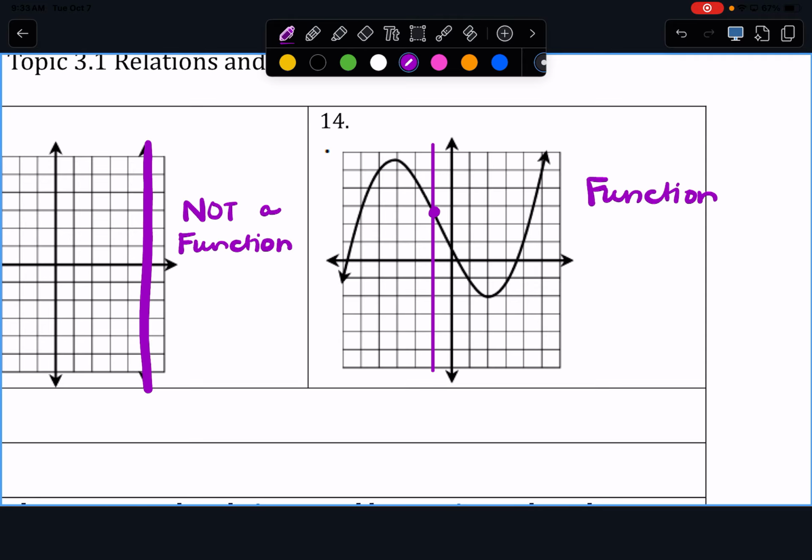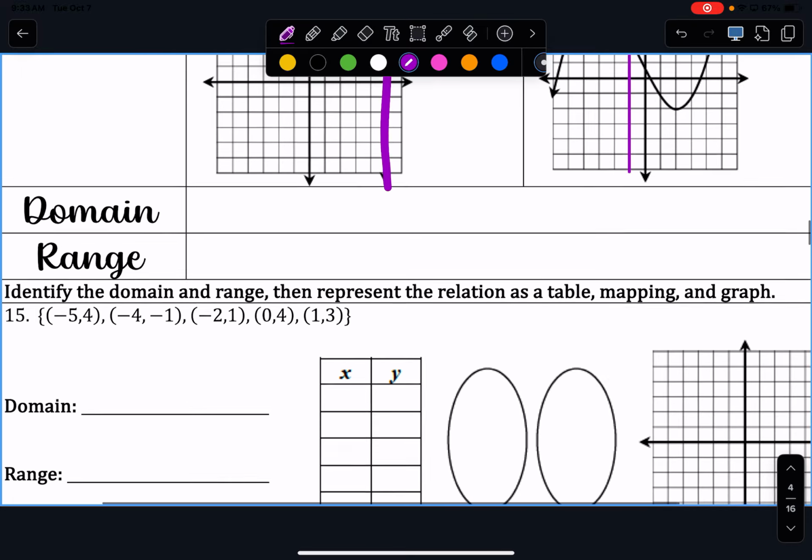All right, the next thing we're going to talk about today is something that is going to be a recurring thing for the rest of the year. It will also be a recurring thing in Algebra 2, and it will be a recurring thing in pre-cal. Being able to do domain and range is very, very important, okay? So domain.